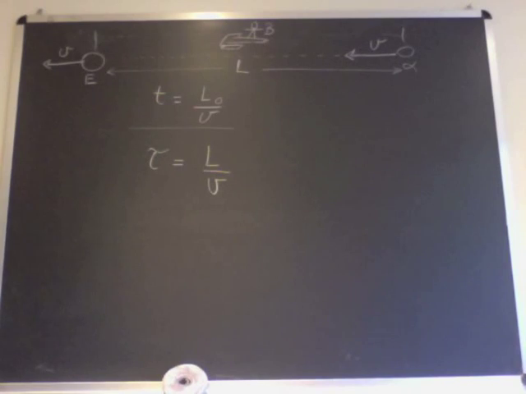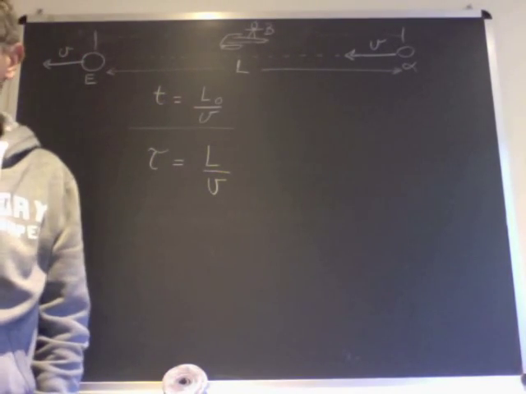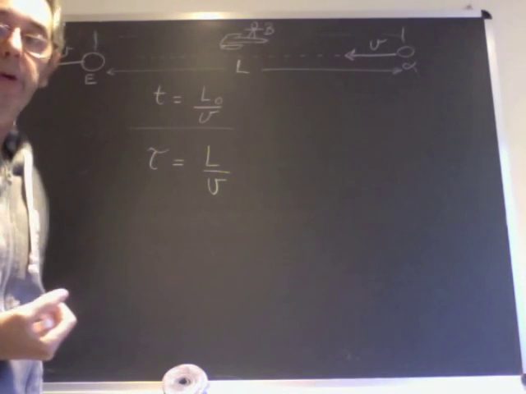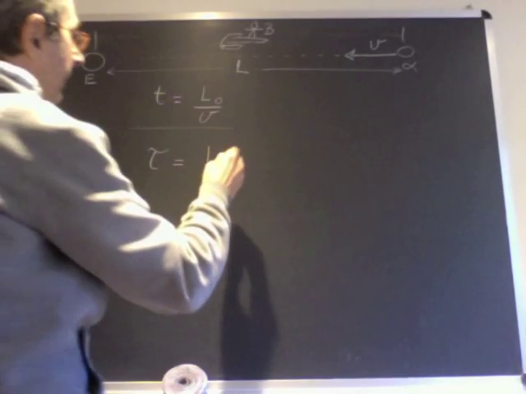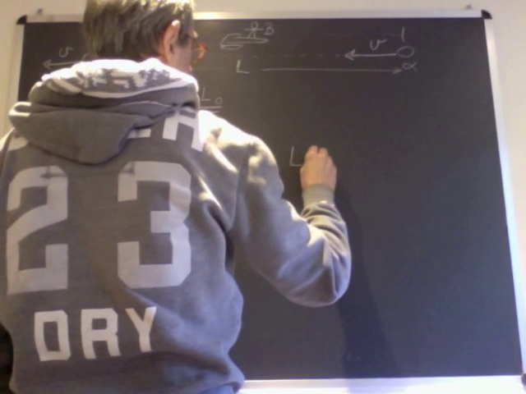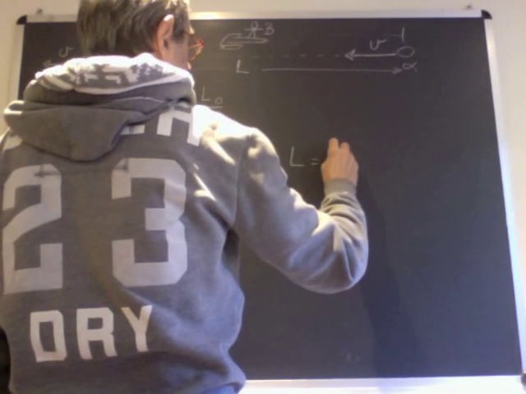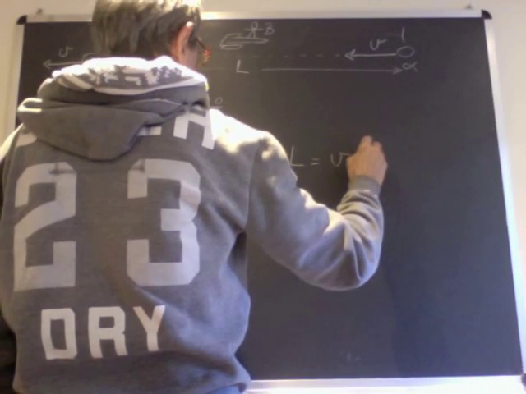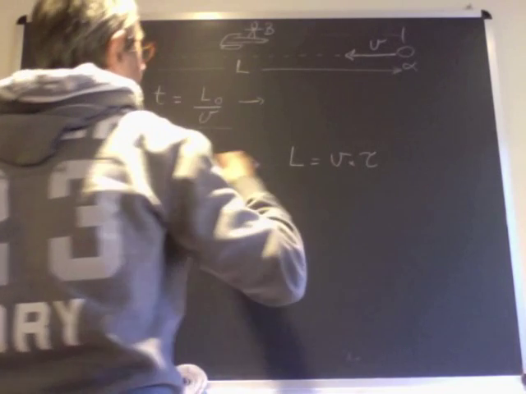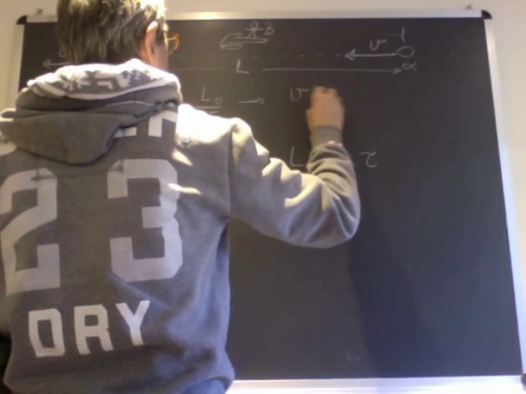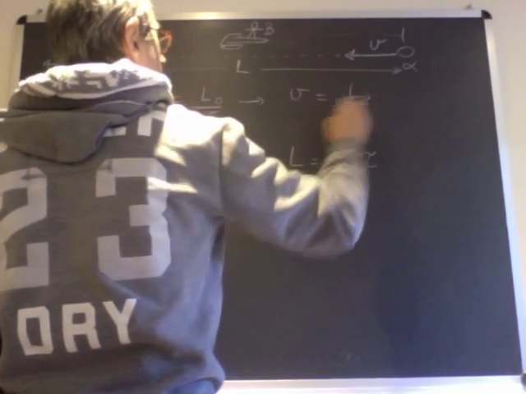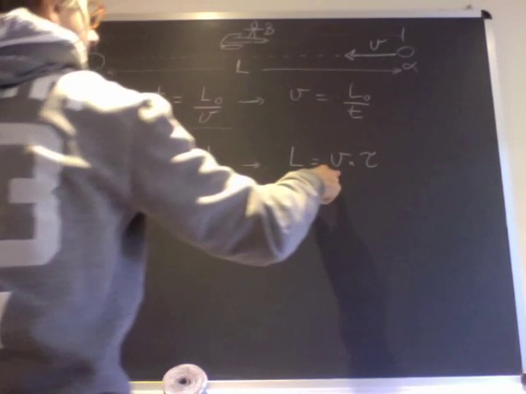In particular, now we have the opportunity to combine them together. From here, we know that L is equal to v times tau. But we can get v from the previous equation and substitute in the second one.